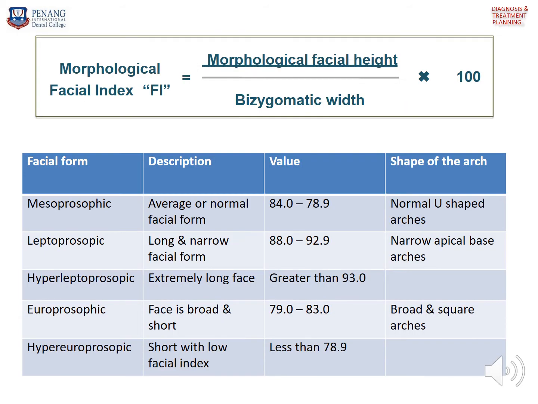This is the formula to measure the morphological facial index, FI, where the morphological facial height is divided by the bizygomatic width and multiplied by 100.